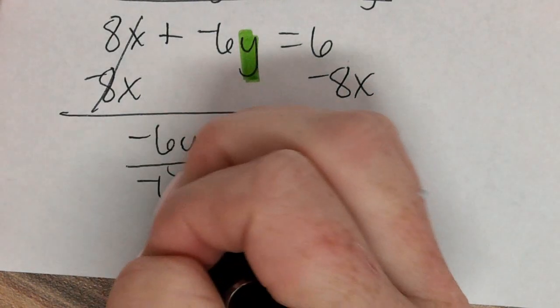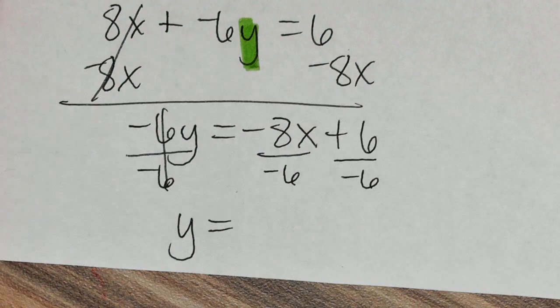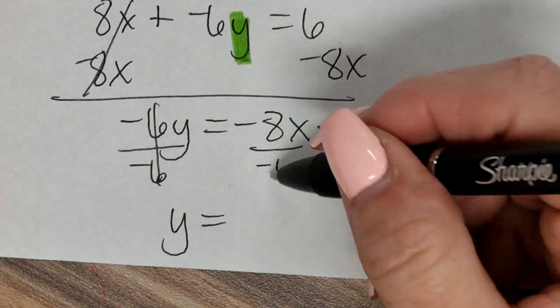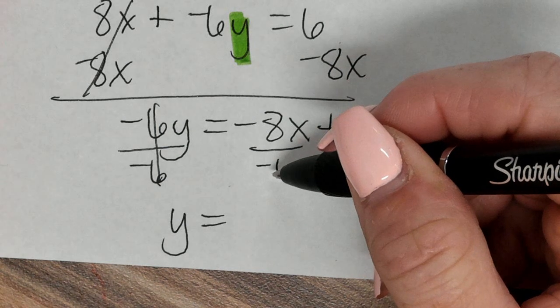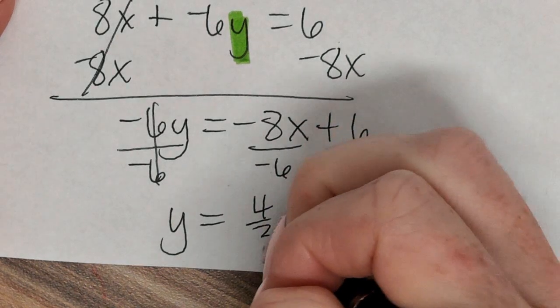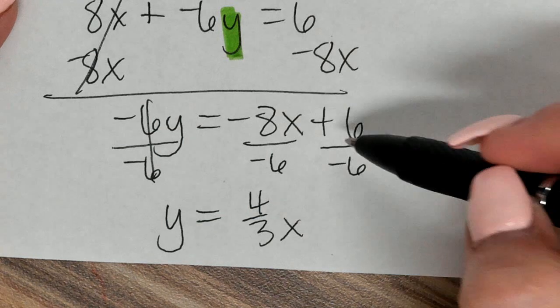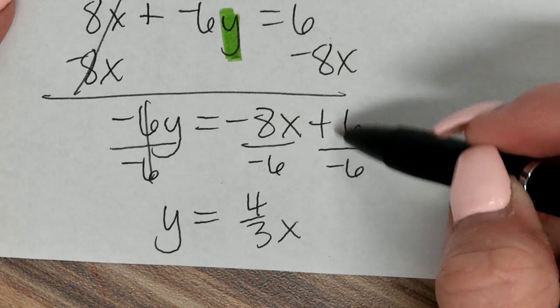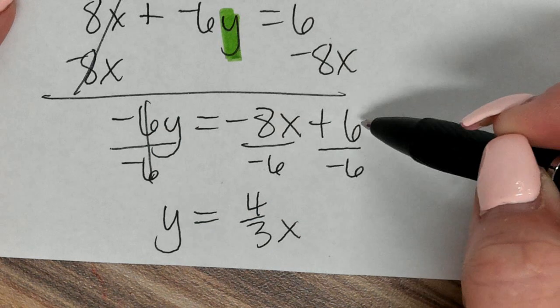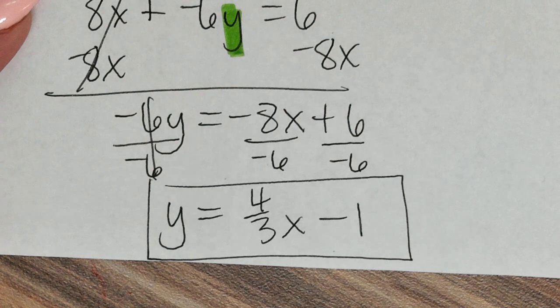Divide everything by negative 6. And then I have to simplify. A negative divided by a negative is a positive, and 8/6 simplifies to 4/3 if I divide the top and bottom by 2. And then what's a positive divided by a negative? So 6 divided by 6 is 1, so minus 1 or plus negative 1.